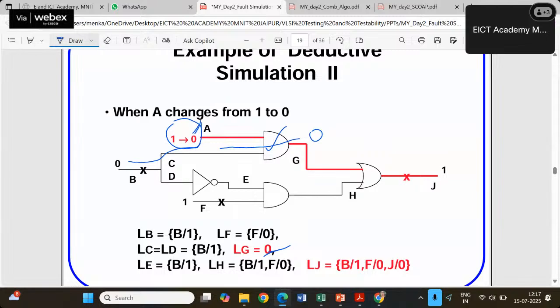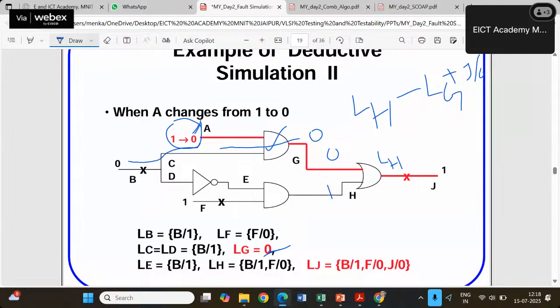Okay. So here, previously also it was 0 and 1. In the 0, 1 case, fault free, LH minus LG will be taken. It means LH directly is going over here, and plus J stuck at 0.